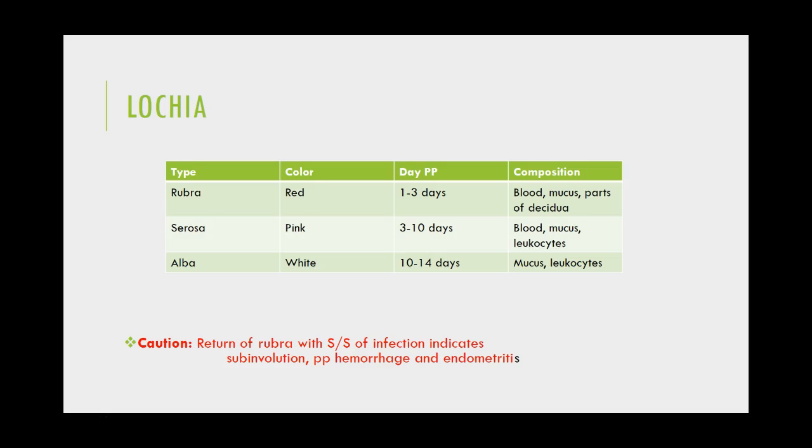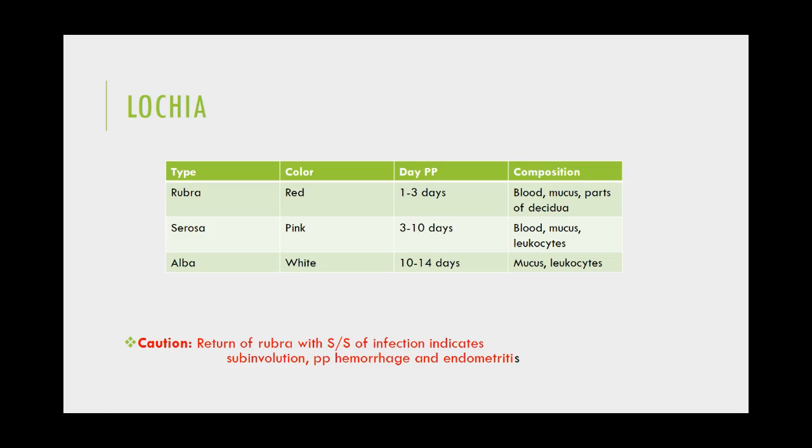So here's a little chart that shows you the differences between rubra, serosa, and alba. Rubra is red, usually lasting 1 to 3 days, and composed of blood, mucus, and part of the decidua, or the endometrium. Serosa is pinkish in color, happens from days 3 through 10 postpartum, and it's composed of blood, mucus, and leukocytes.